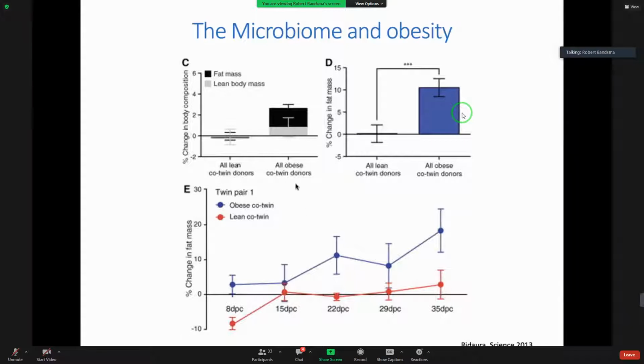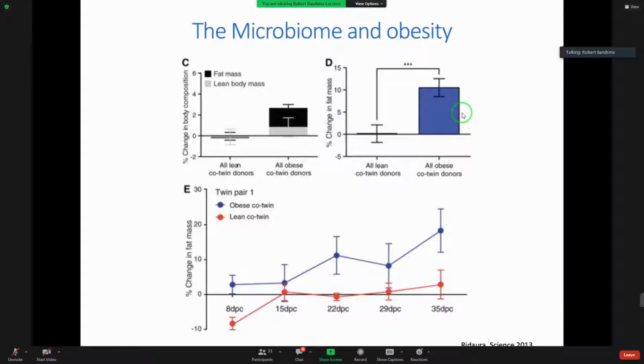What you can see is that if they took the poop from these obese or non-obese people and transplanted it into mice on a regular diet, there was clearly more weight gain in the mice that received the stool from the obese subjects, and a higher change in fat mass.